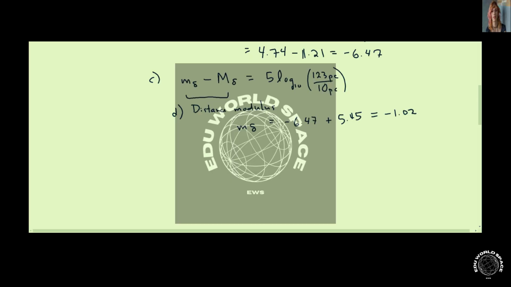The next thing we're asked to find is the flux of this star measured at the Earth. We have found the flux at the surface. We've already found E, so we'll go ahead to F.